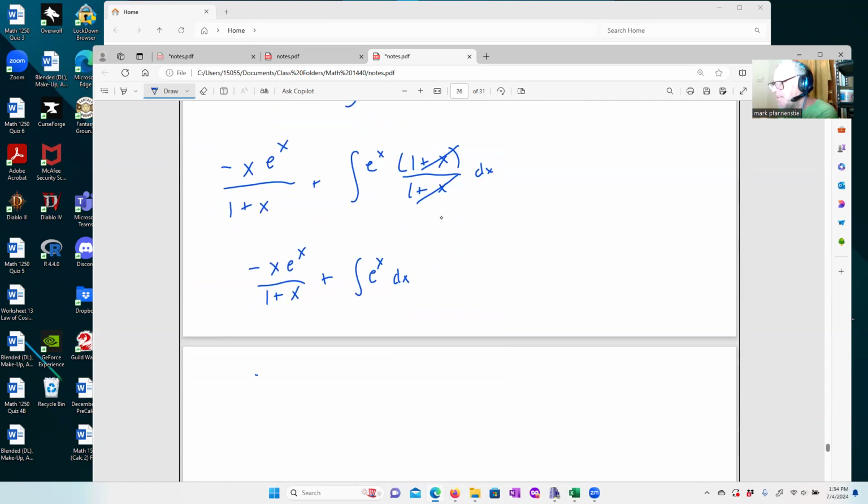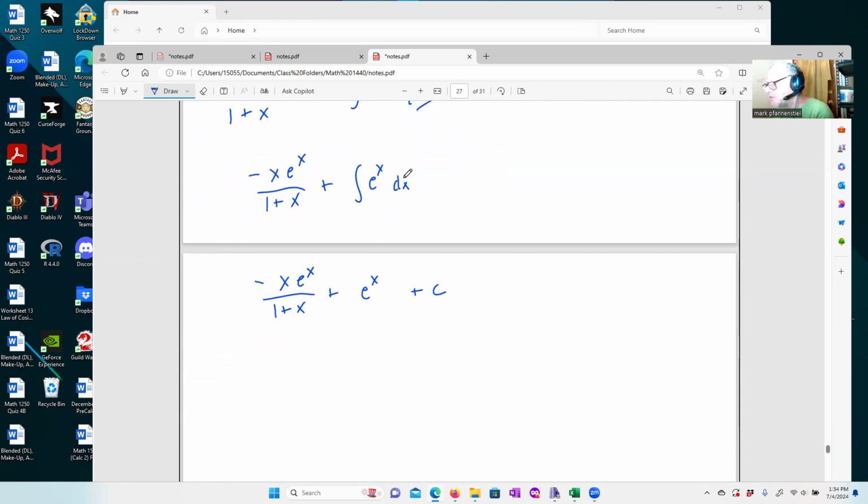So we end up with negative x e to the x over 1 plus x, plus e to the x, plus c. Now, allow me to do just a moment or two of algebra here, because I feel compelled to get the answer they have in the back of the book where I got this problem. So we have e to the x here, so I'm just going to factor out e to the x. And I've got a negative x over 1 plus x, plus 1.